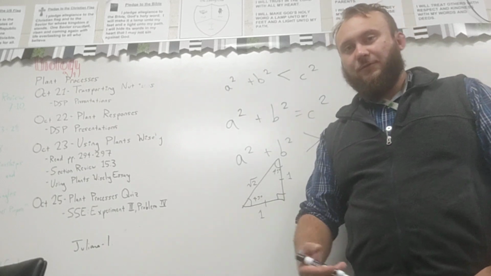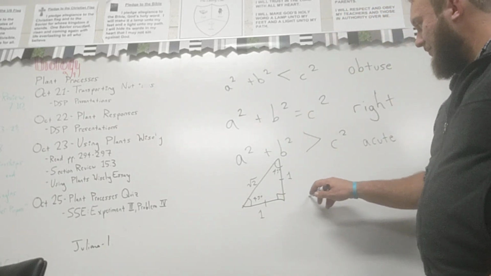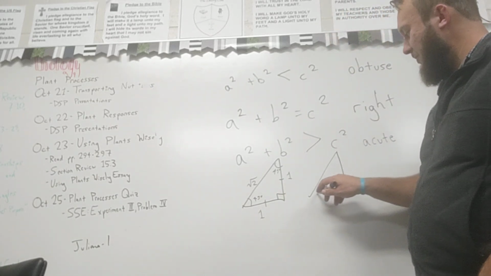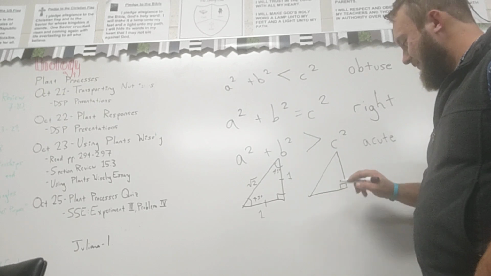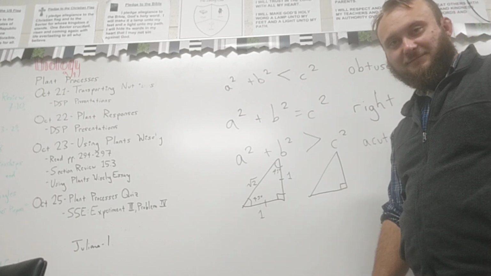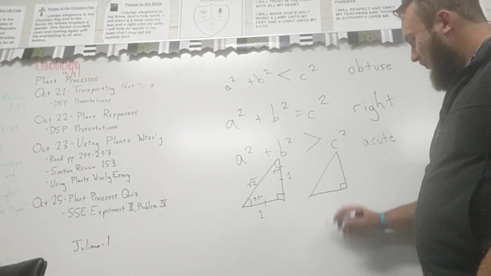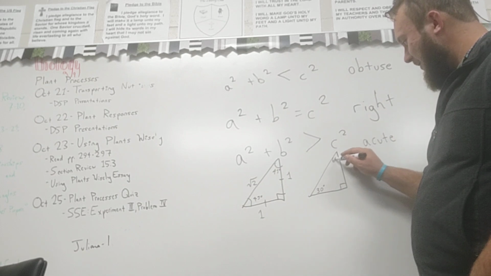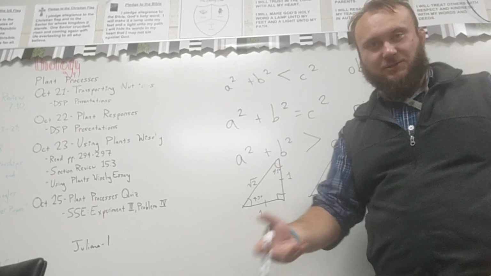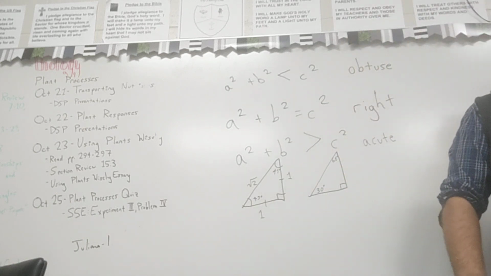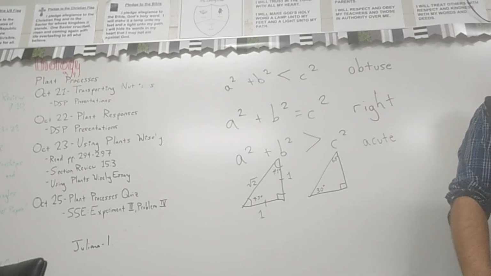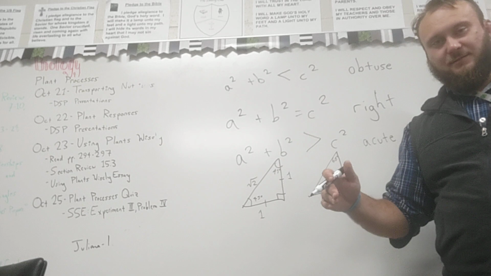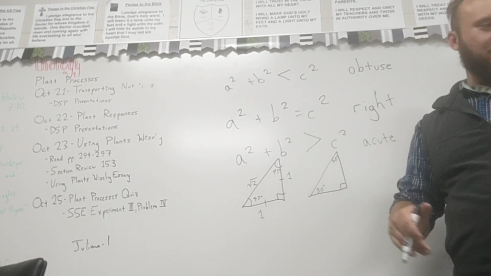Now, if we have another type of standard right triangle, or special right triangle, where this is 30 degrees, and then this is 60. I know that's not drawn to scale, but let's just say it was. We have specified ratios for those as well.